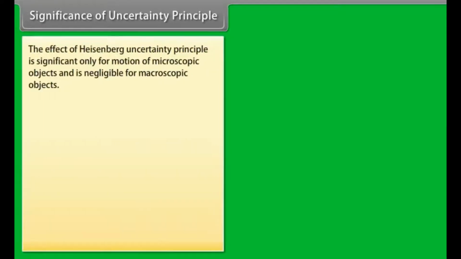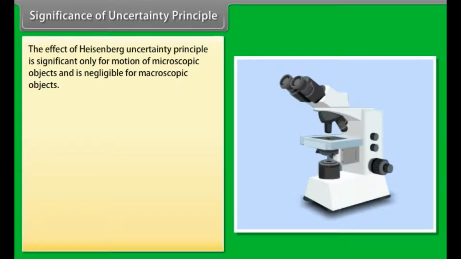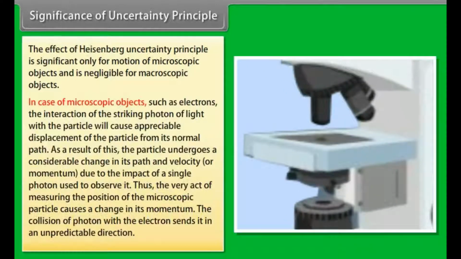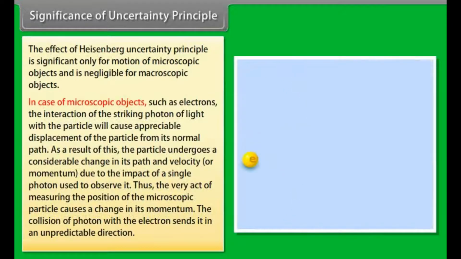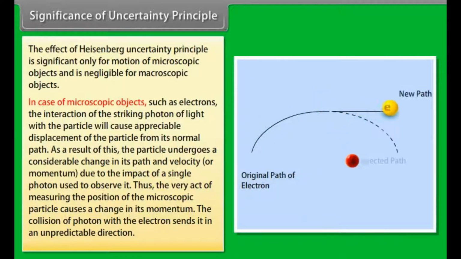Significance of the uncertainty principle. The effect of Heisenberg's uncertainty principle is significant only for the motion of microscopic objects and is negligible for macroscopic objects. In the case of microscopic objects such as electrons, the interaction of the striking photon of light with the particle will cause appreciable displacement of the particle from its normal path.